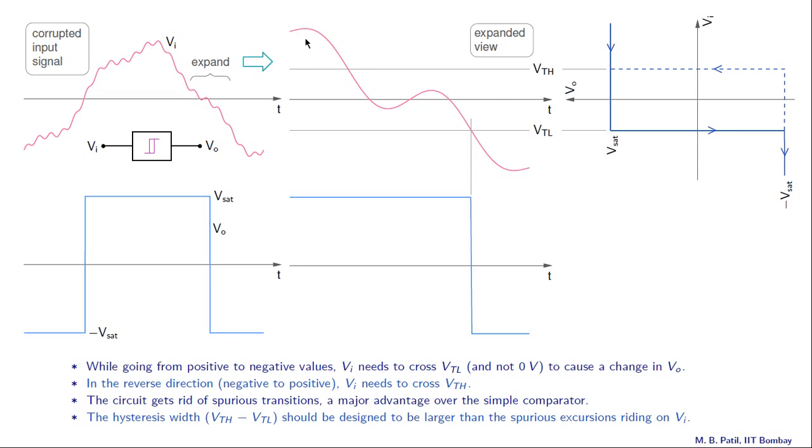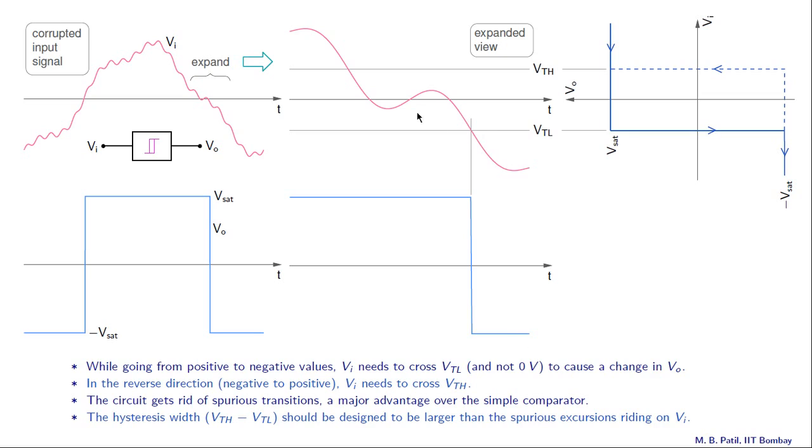When the input voltage is here, we are here on this VO versus VI relationship, and now what's happening? As time proceeds, this input voltage is coming down, so we are going in that direction. And when is the output going to change? The output is going to change not at VTH but at VTL. So that means the output will only change when the input voltage reaches this point, and that is exactly where this transition is occurring.